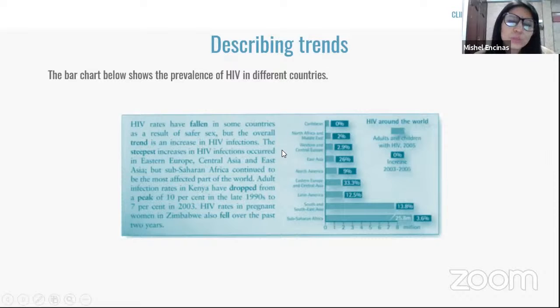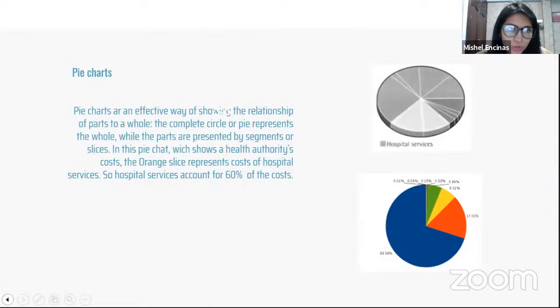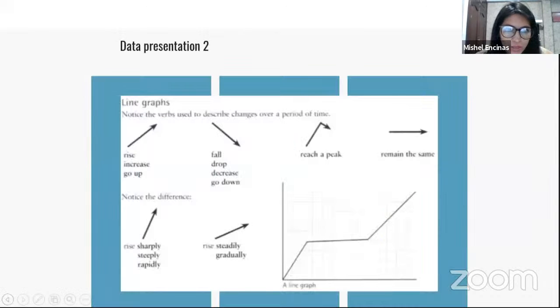Okay. When we talk about the steepest increases in HIV infections, we have to talk about the most, I will show you here. The reach or the high peak, okay?